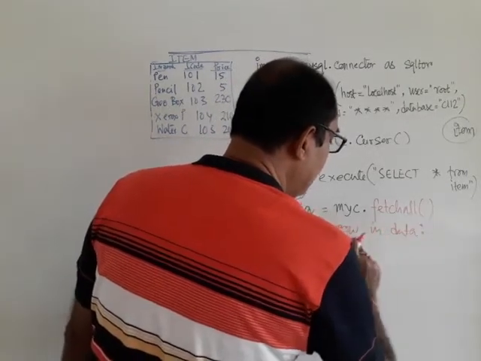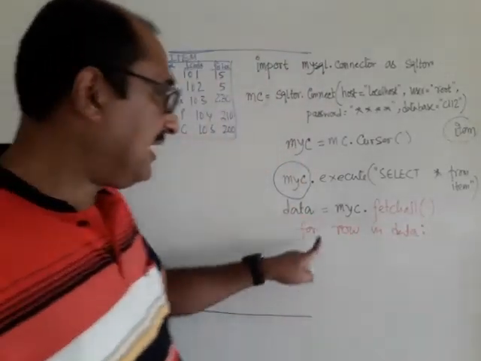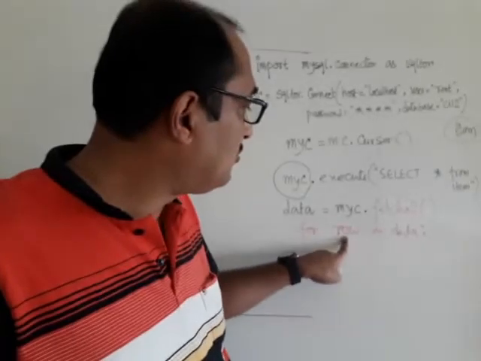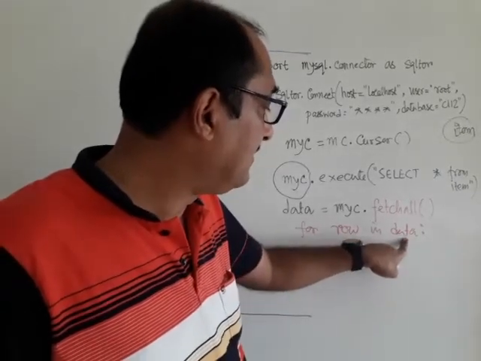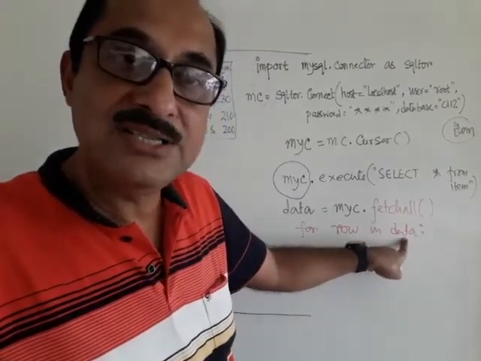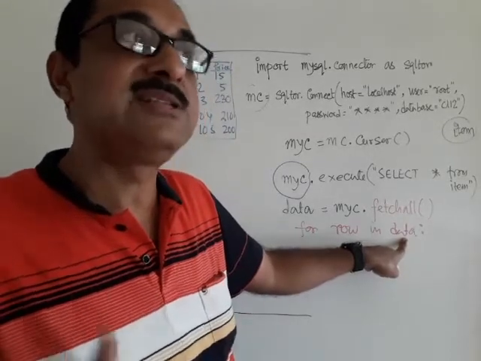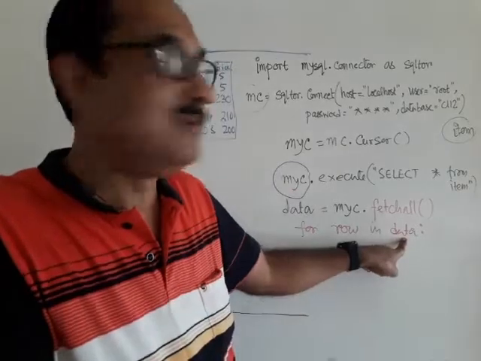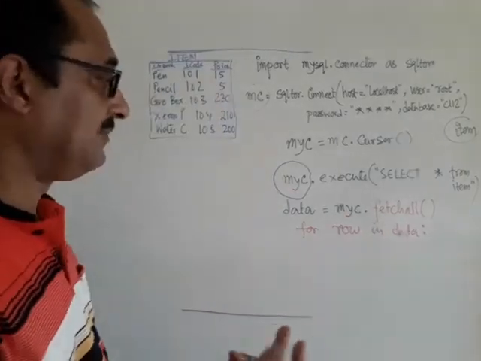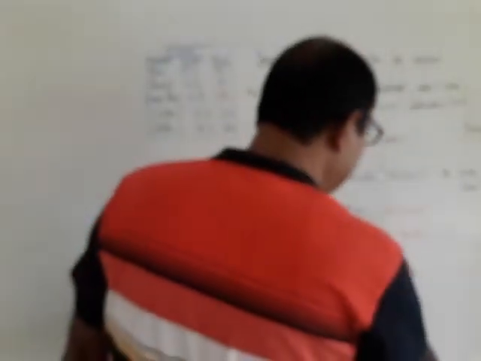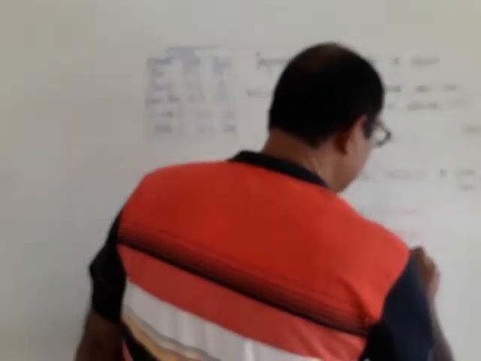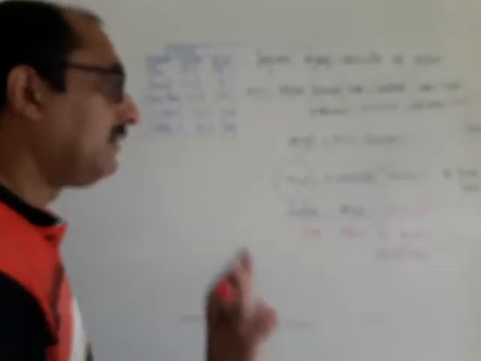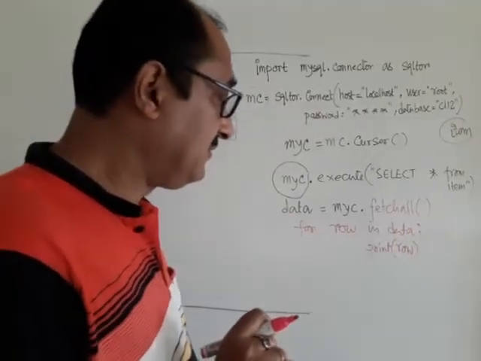This kind of loop we have used earlier, as long as elements are there in the list. So row is a variable in data, and every element of the list I will be able to access. Every element is a row, one row is one element. So here we can write print row, and every record can be individually printed. This is how you can make use of it.